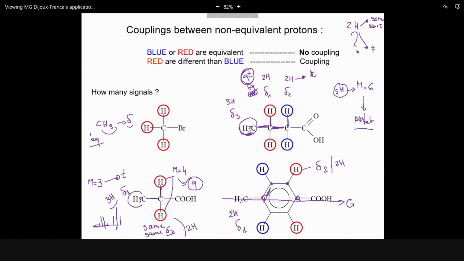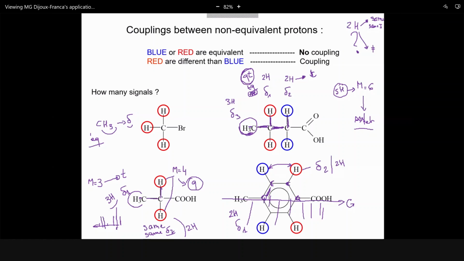But as the red one has a chemical shift different from the blue one, they are coupling one to another, and it's just like I have only one half of the molecule, just forget that one, because it's the same. Everything is twice.